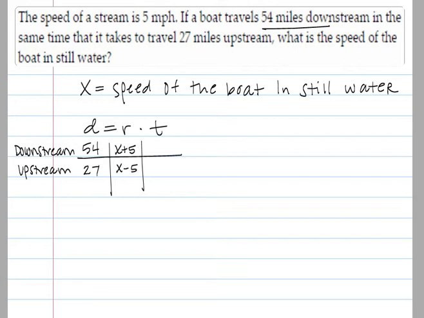Now, in terms of the time, we are not told the time that it takes for the boat to travel downstream or upstream, but we are told that the time is the same. Okay, so from here, where do we go? Well, I know that the time is the same, and if I take my distance equals rate times time formula and divide both sides by r, I get a modified version of this formula, which is t equals distance over rate.